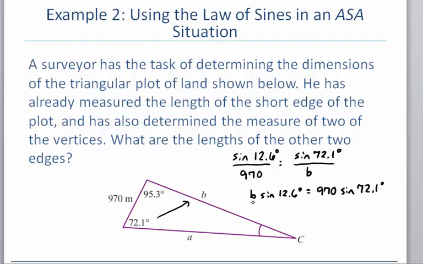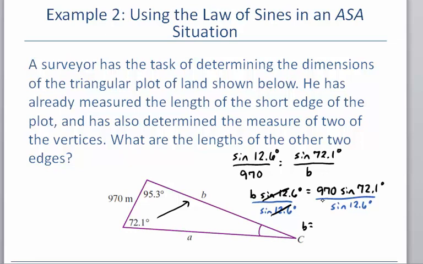To solve for B, we're going to divide both sides by sine of 12.6. So it's going to cancel on the left, leaving me just B. And again, I'm going to enter in my calculator what is on the right.